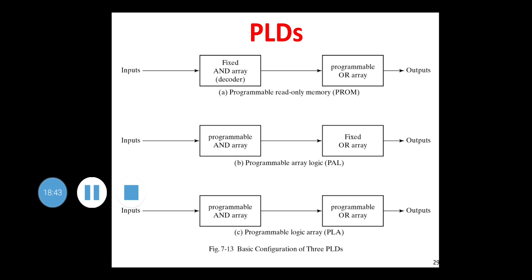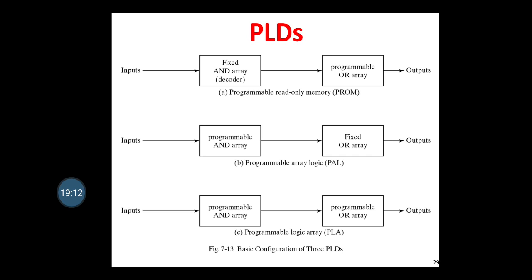Now in this diagram you can see programmable read-only memory, PROM. The AND gate array is fixed, so you cannot do any changes in that, but the OR gate array is programmable. So that means the AND gate array is non-programmable and the OR gate array is programmable.